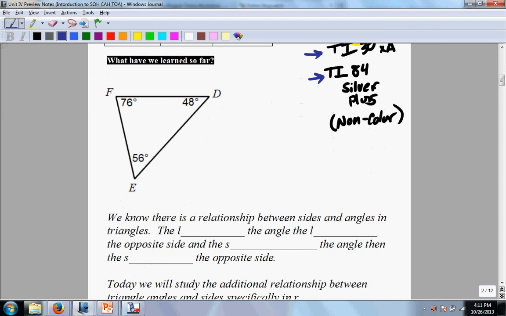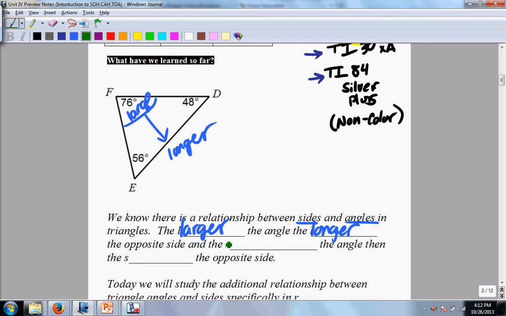What have we learned so far? What we figured out so far is that there is a relationship between sides and angles in triangles. The larger the angle, the longer the opposite side.